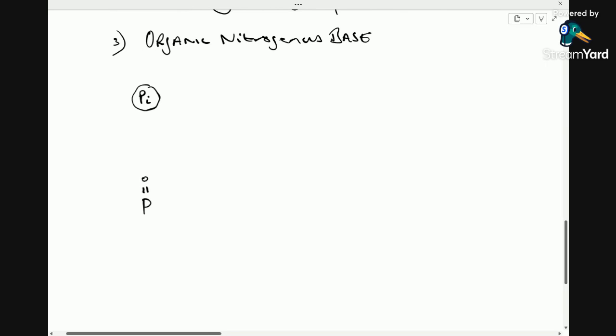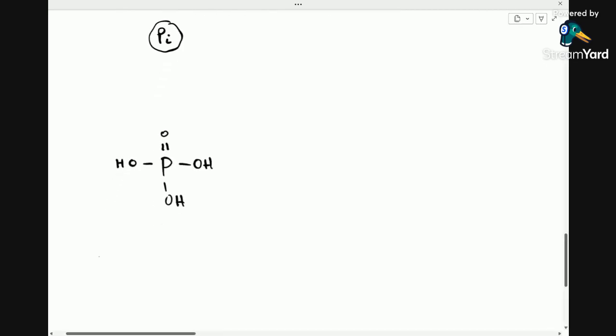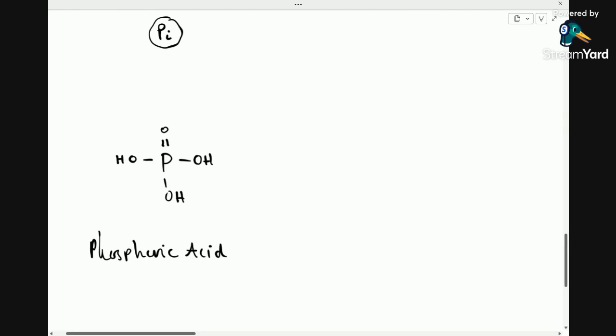Phosphate, and you need to know the structure. It looks like this. Specifically, this is not phosphate yet. This is called phosphoric acid. It is a weak acid, and as a result, it will donate some of its protons.